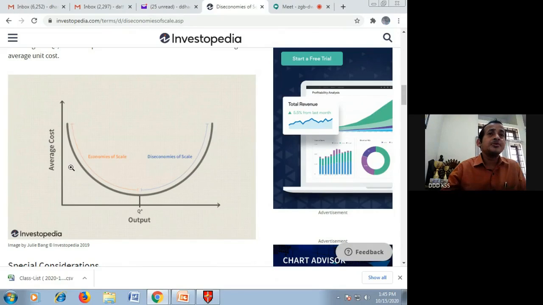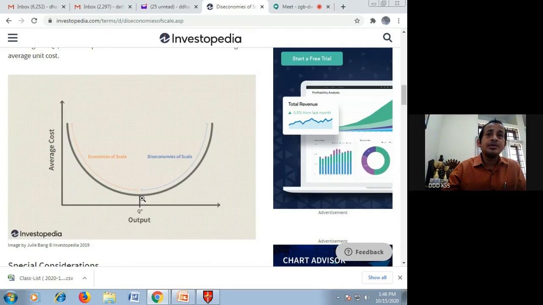Now here you can see that the Y-axis represents the average cost and the X-axis represents the output. Now you can see this curve. This portion is economies of scale. When production increases, average cost also decreases, but up to a certain level.